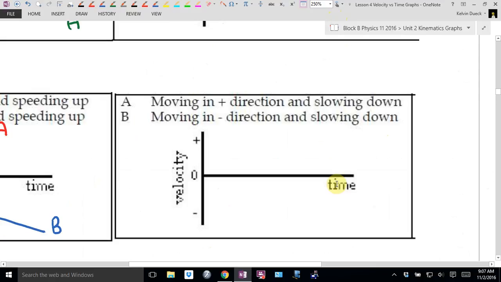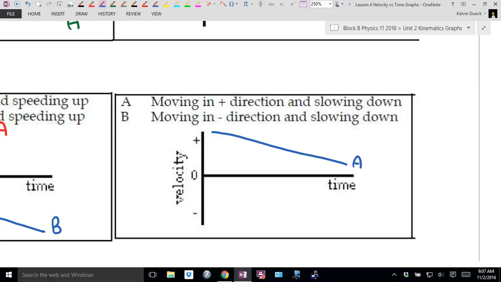Positive direction, slowing down. Negative direction, backwards, and slowing down.